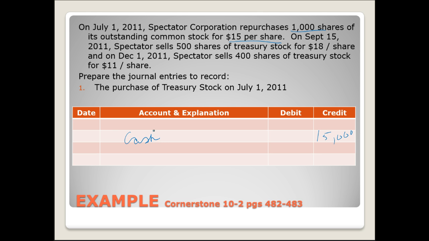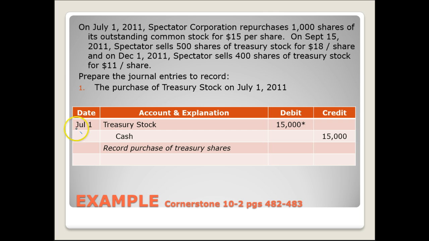And remember, we said when you buy them back, they sit in a contra equity account called Treasury Stock. And we debit that account for $15,000. So on July 1st, Treasury Stock gets a debit of $15,000, and that came from 1,000 shares times $15 a share. And then we credit cash for that $15,000.